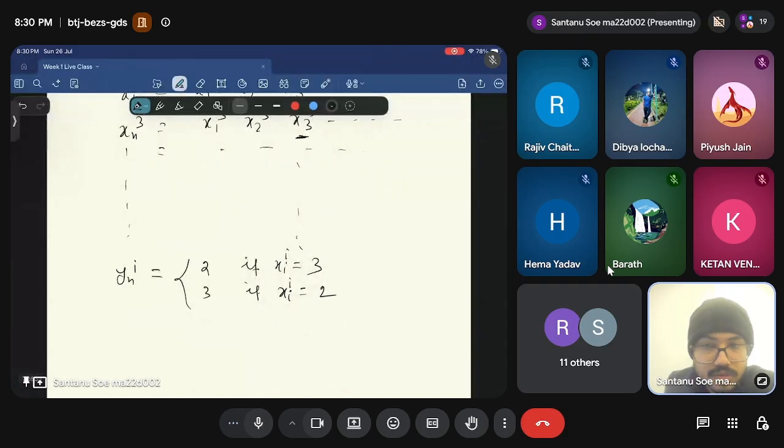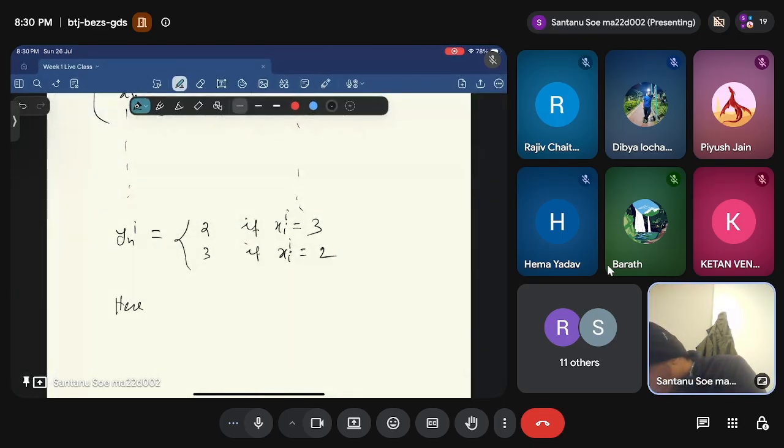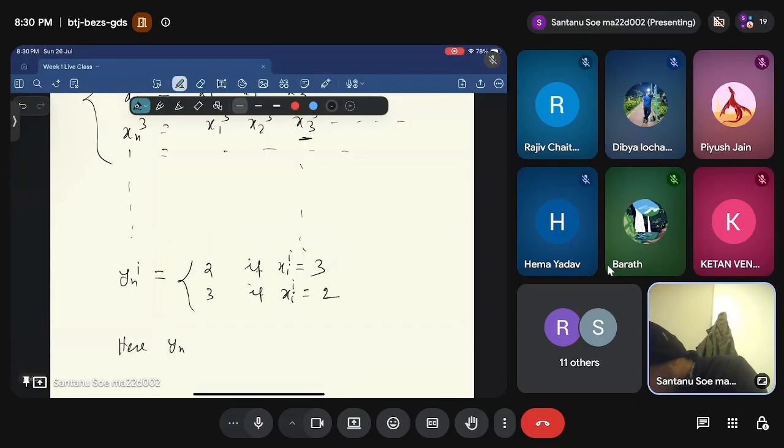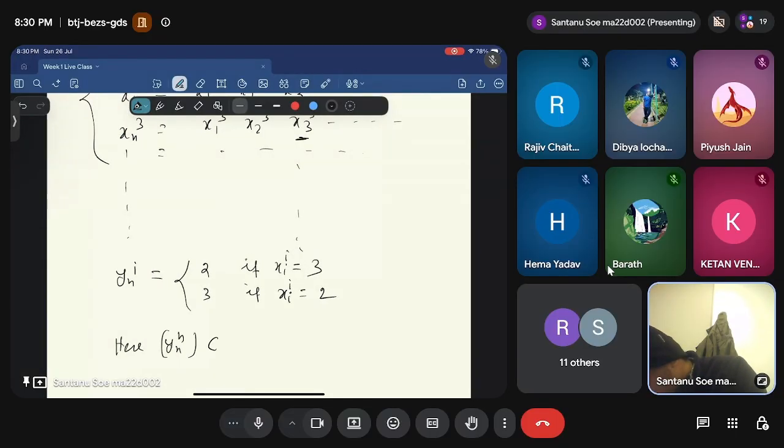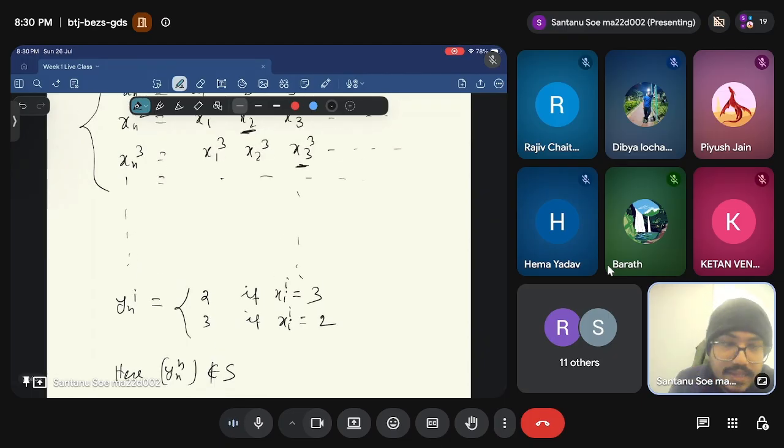So in this way you can see that the sequence y_n(i) never belongs to this enumeration here. Now why is it true? Because let's say all the elements are matching, but at the ith diagonal element it will not match, because that's how we constructed the sequence.